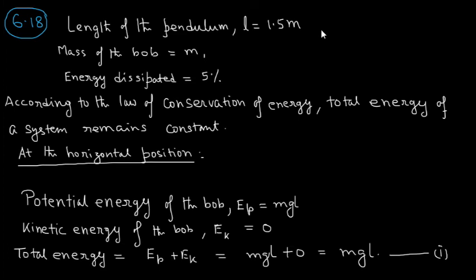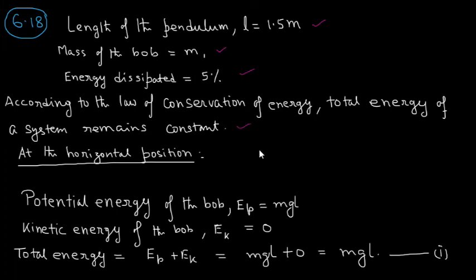Length of the pendulum L is equal to 1.5 meter. Mass of the bob is equal to m. Energy dissipated is equal to 5%. According to the law of conservation of energy, total energy of the system remains constant.